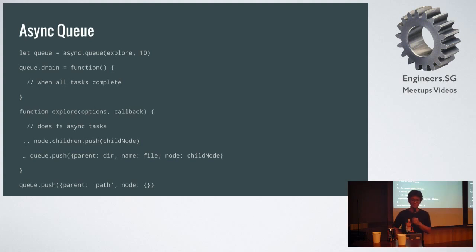Then I tried to use Async Queue. Let me backtrack a bit to say why we are not using the synchronous method. If you're a Node user, you know that synchronous will basically block the JavaScript thread until the operation is completed.